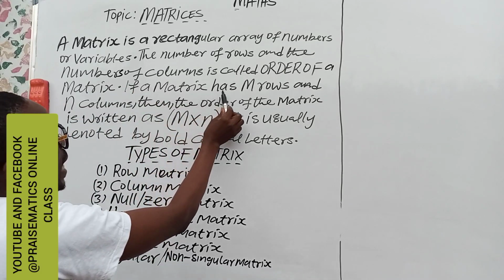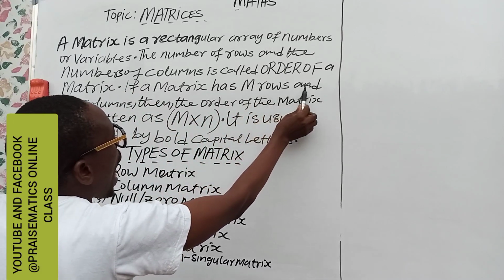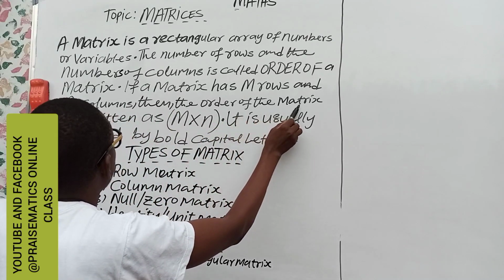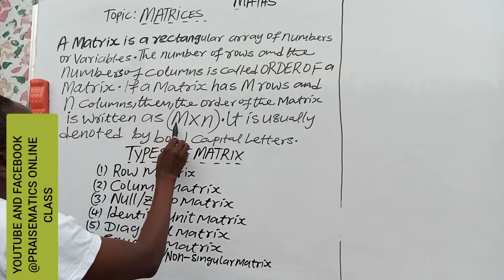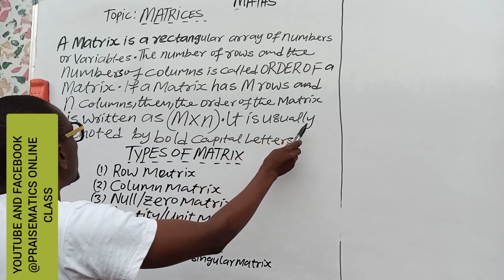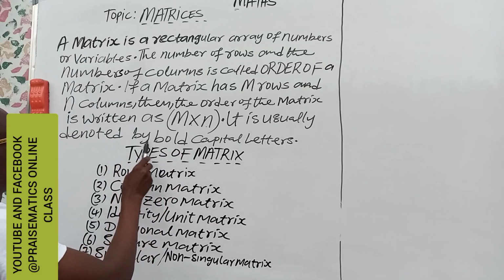If a matrix has m rows and n columns, then the order of the matrix is written as m by n. It is usually denoted by what?